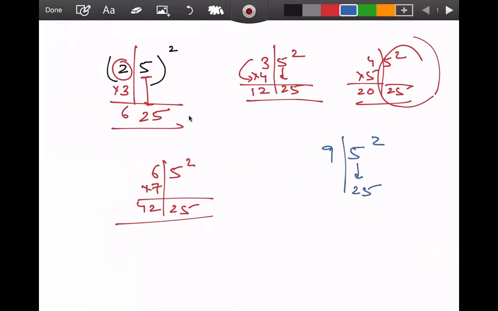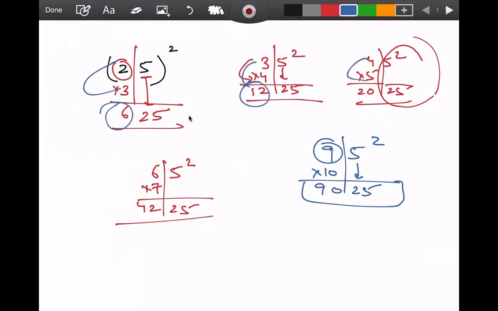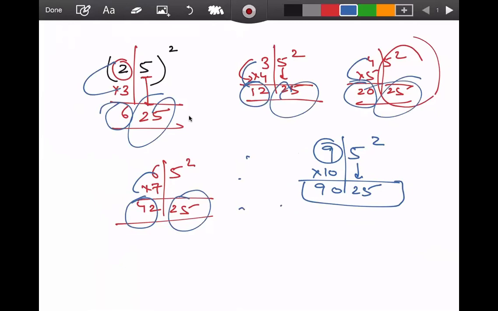Within 5, whatever is left, you multiply it with its next number. So 9 into 10 is 90. तो मतलब हर बार नेक्स्ट जो फर्स्ट डिजिट है उसको नेक्स्ट नंबर से मल्टीप्लाई करना और 5 का स्क्वायर 25. 2 into 3 is 6, 3 into 4 12, 4 into 5 20, 6 into 7 42, 8 into 9 72, then 25. Because last part will always be 25. Okay sir. Thank you.